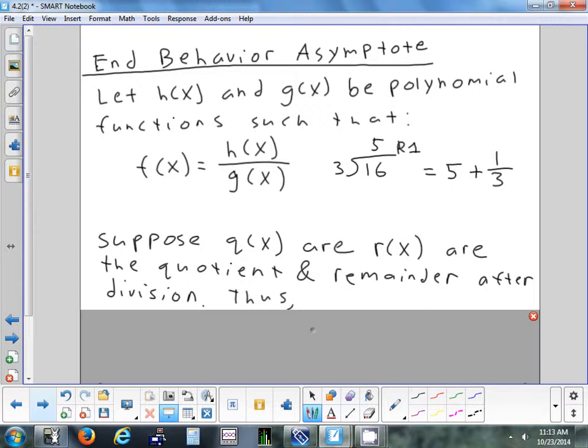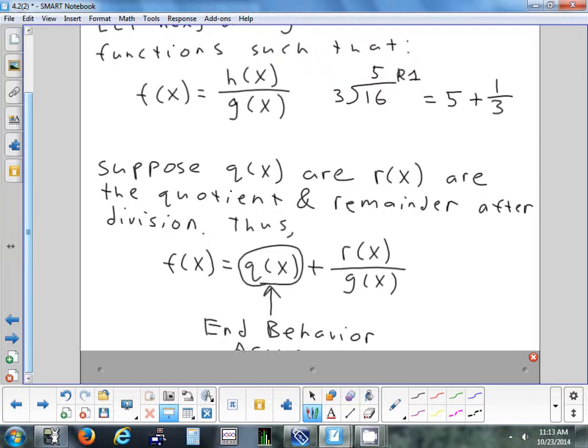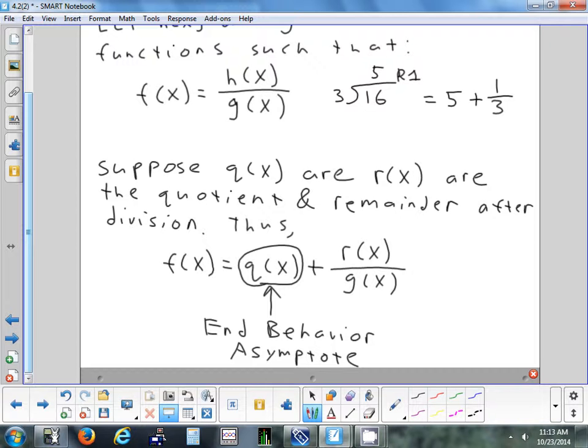So 3 divided into 16 is 5 1/3. Quotient plus remainder over your denominator. We're going to do the same thing with a polynomial. So you'd have a quotient, you'd have a remainder over your original denominator, g of x.